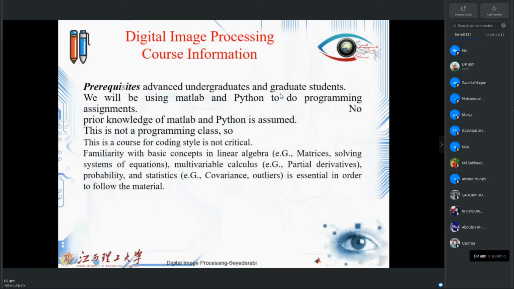I can tell you that we should have some information regarding the mathematical part, but really, I don't want you to memorize the equations.